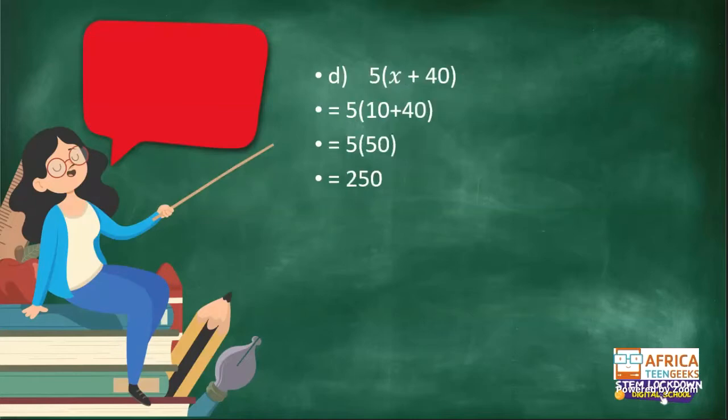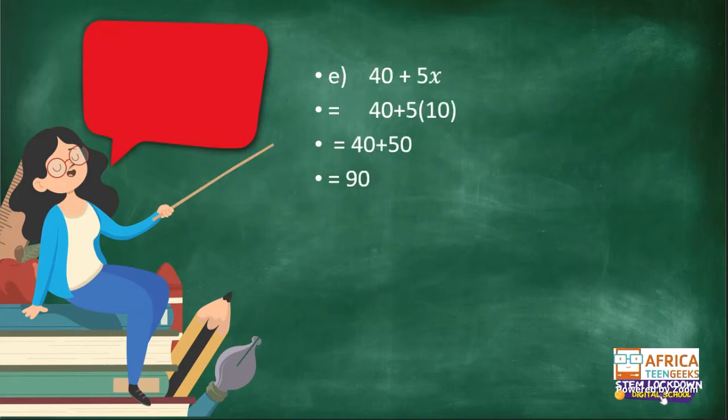And of course, if you look at D as well, that is the same, which was answered now by Yoliswa. 5 into 10 plus 40, 5 times 50 is 250 there. Then, of course, the last one was E, during which we multiplied 5 by 10 to get 50. And then if you add 40, you get 90.